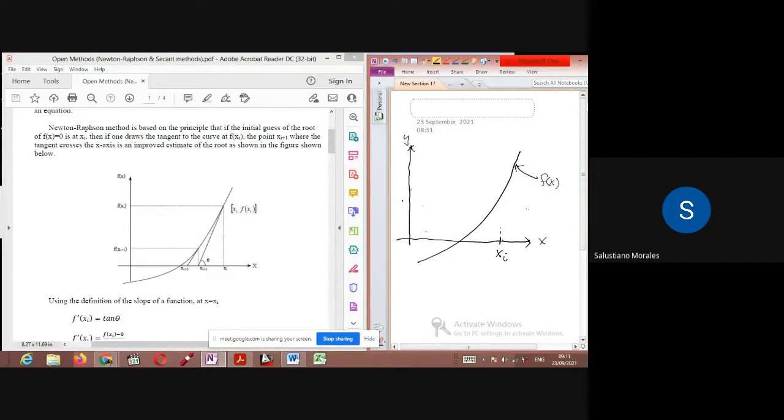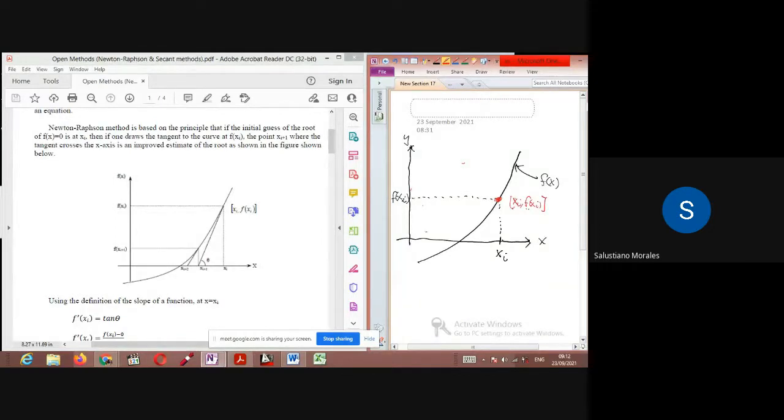At this value of x, we have a corresponding value of y, so xi and f of xi. So we have a point here. It is now our point xi, f of xi.